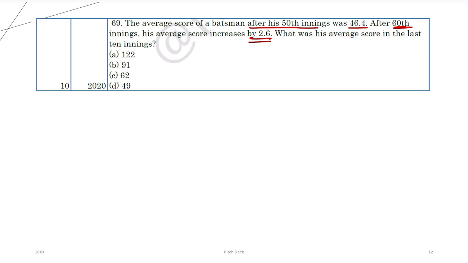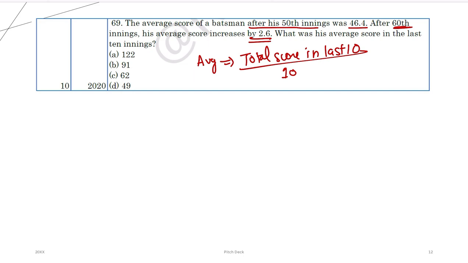What is his average score in the last 10 innings? To know that, we need the total score in the last 10 innings divided by 10 innings. This is what we want to find.